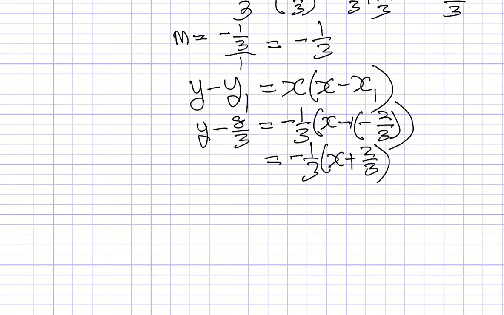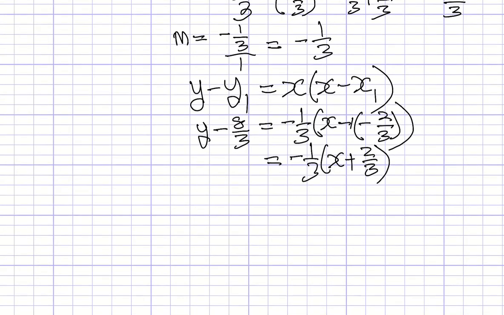If you don't see it, just stare at it until you know what we did there. So y minus 8 over 3 is equal to, now we get rid of the bracket, minus 1 over 3 x plus 2 over 9. That's how we got rid of the bracket.